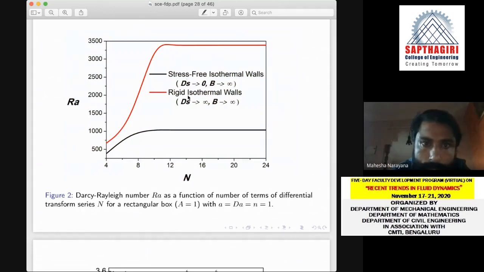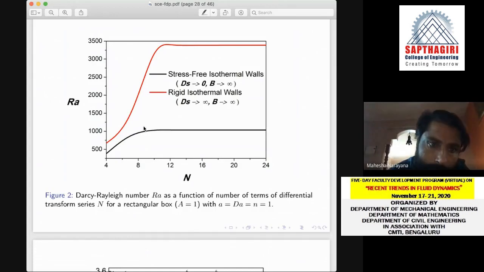For the 2 cases, stress-free isothermal case and the rigid isothermal case. When the slip Darcy number takes value 0, it represents stress-free boundaries. When slip Darcy number takes value infinity, it represents rigid boundaries. And B going to infinity, Biot number B going to infinity, represents isothermal walls.